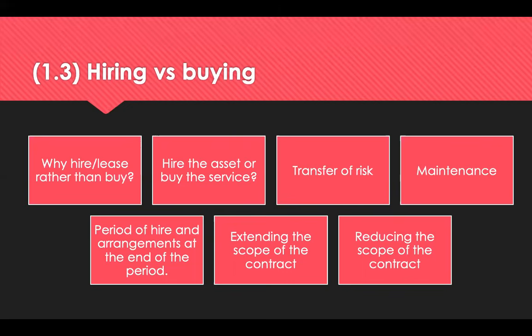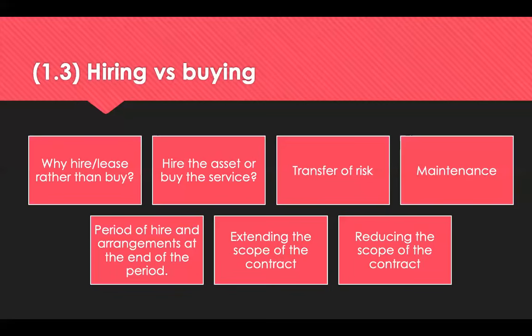But the areas to consider when drafting a contract for hiring an asset is the transfer of risk. Which risks do transfer to the hirer and which risks remain with the owner? So, for example, it might be normal that the hirer will be responsible to insure the asset, but the maintenance may be done by the company that hires it.